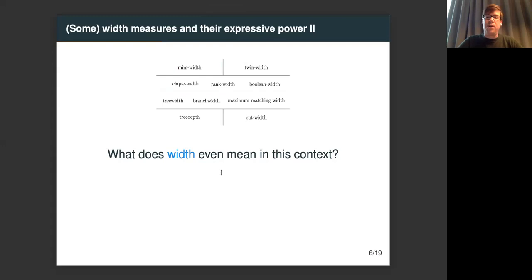Why do we call these graph invariants width, while some others we don't call width? So you could say, well, this is just the way things have been defined, or you could search for unifying theories, like unifying explanations that width measures have in common. And this is what we've been doing in this paper.